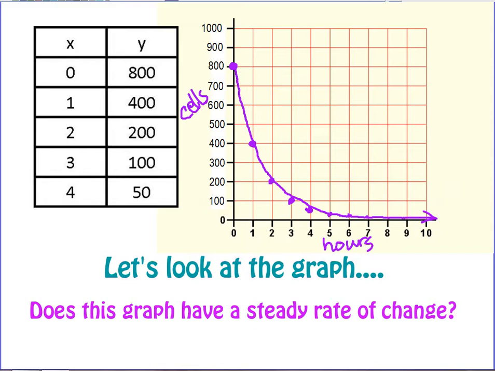The answer is no. I'm going to get really, really close to it. I'm going to get into some really, really small numbers, but I'm never actually going to reach 0. So my question is, does this graph have a steady rate of change like our last example did? Answer is a big fat no.